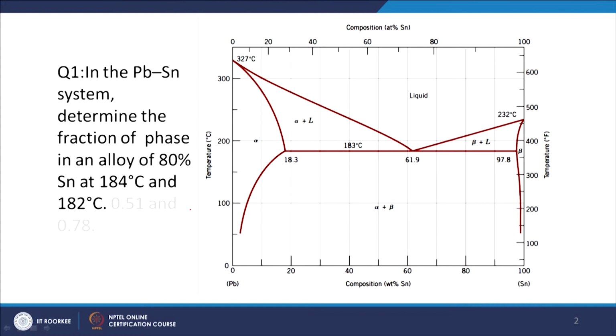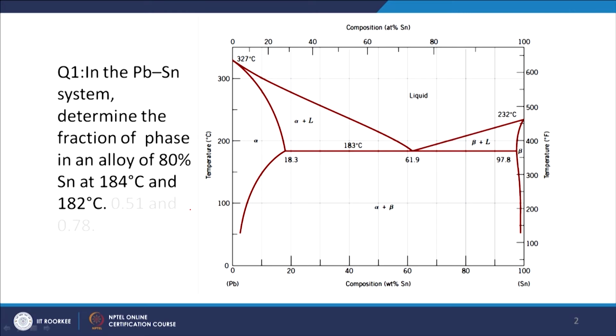First question is that in the Pb-Sn system, determine the fraction of phase in an alloy of 80% tin at 184 degrees C and 182 degrees C. So, that is the question, and you have to solve this question.